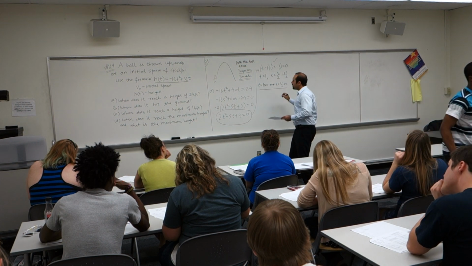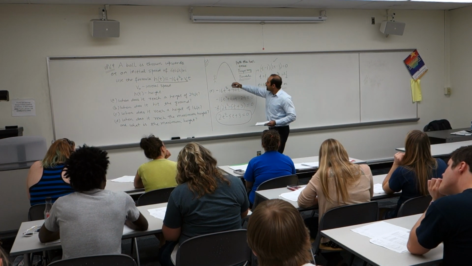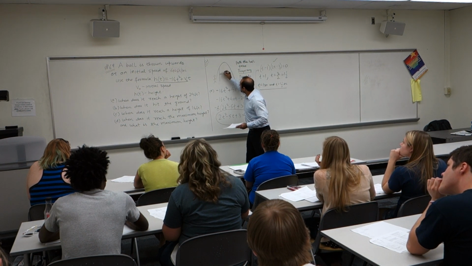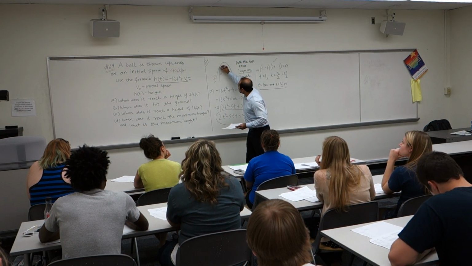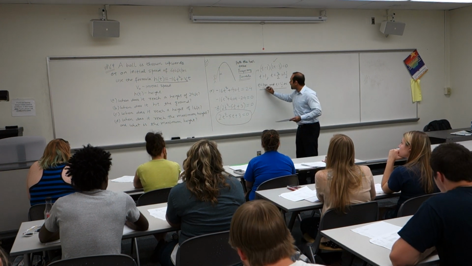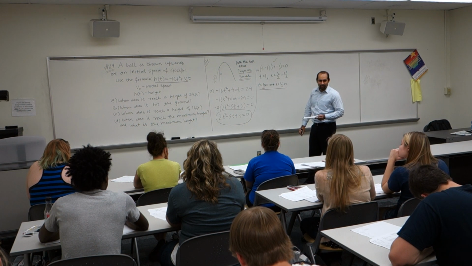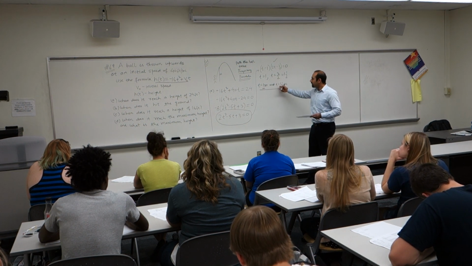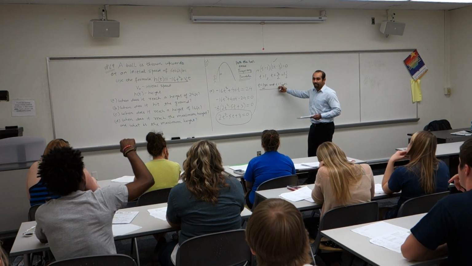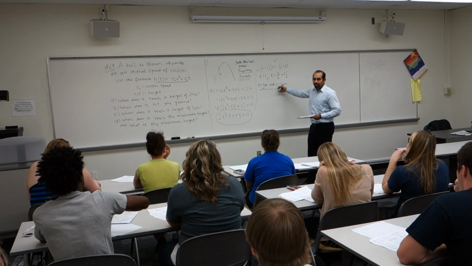So if we have to see it physically for the ball, let's say it reaches a height of 24 feet. So the ball is right here. We reach 24 feet from the ground. And at that time, it takes 1 second to reach there, right? And why do we have one more time? What does that mean? The other side of the curve, like it hits 24 feet coming back down.